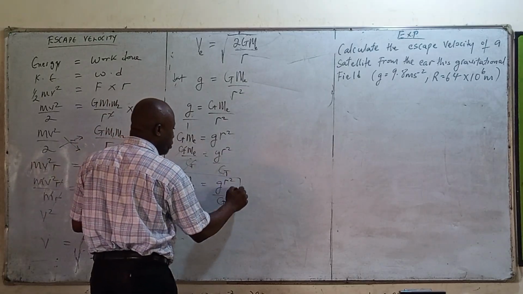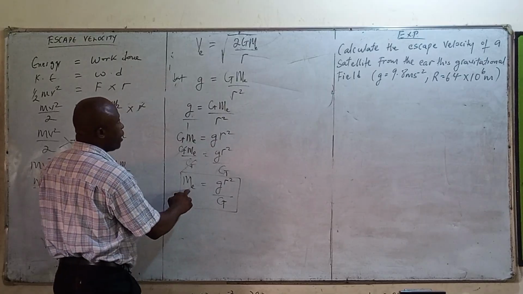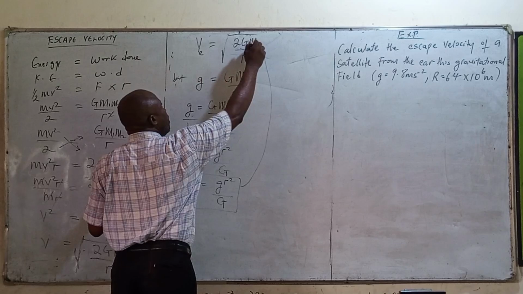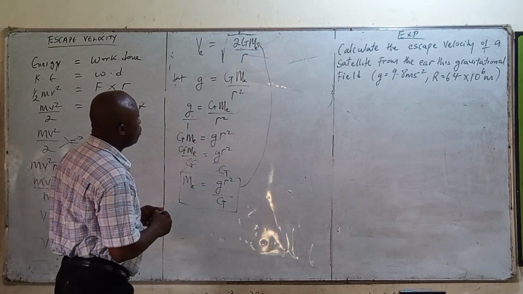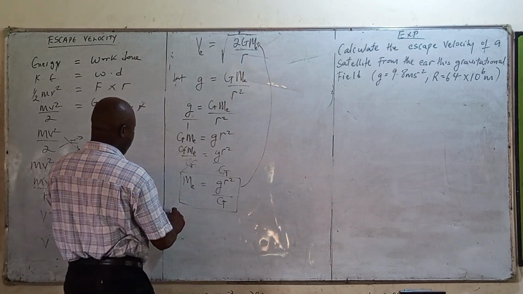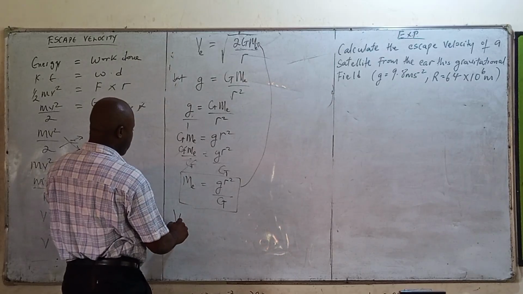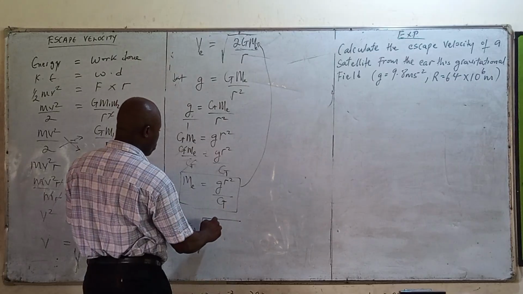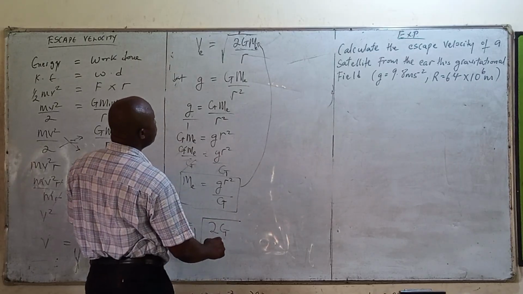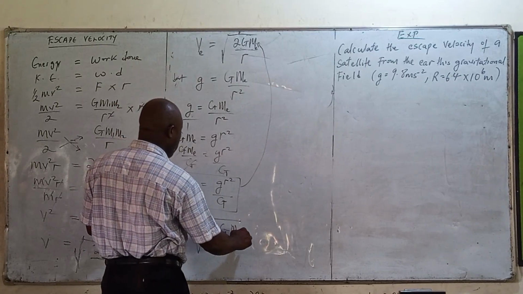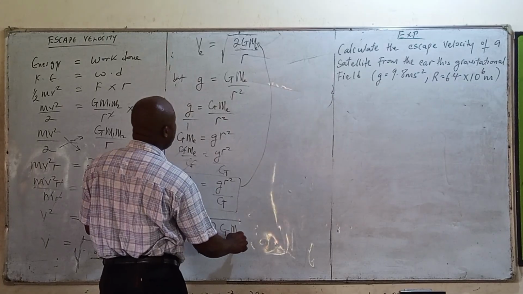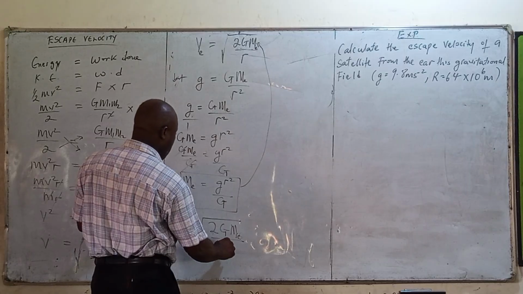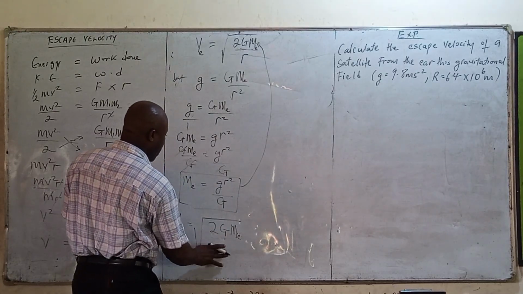So this expression, which is the solution for the mass of the Earth, will now come here and replace ME. We replace ME here. So with that, we now have our VE, our escape velocity V, will now be square root of 2 G, ME over R. Of course, we will not write over R yet.